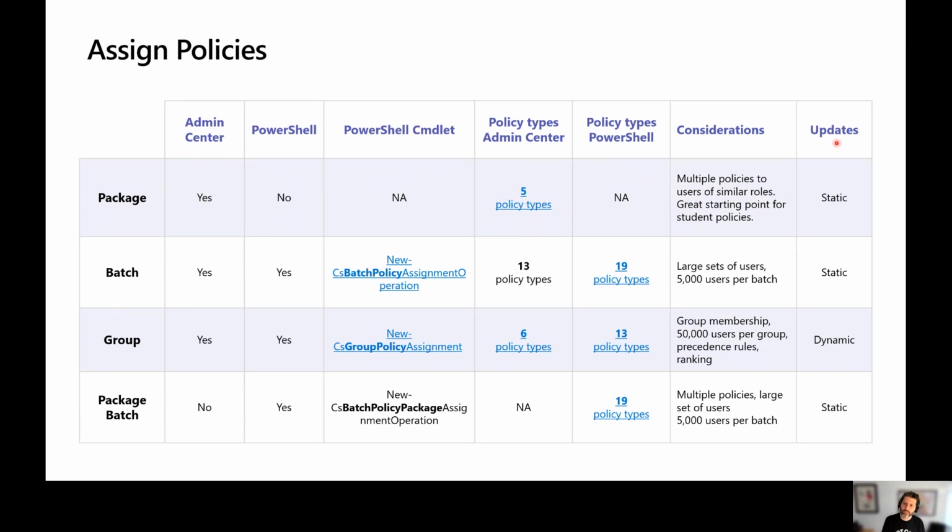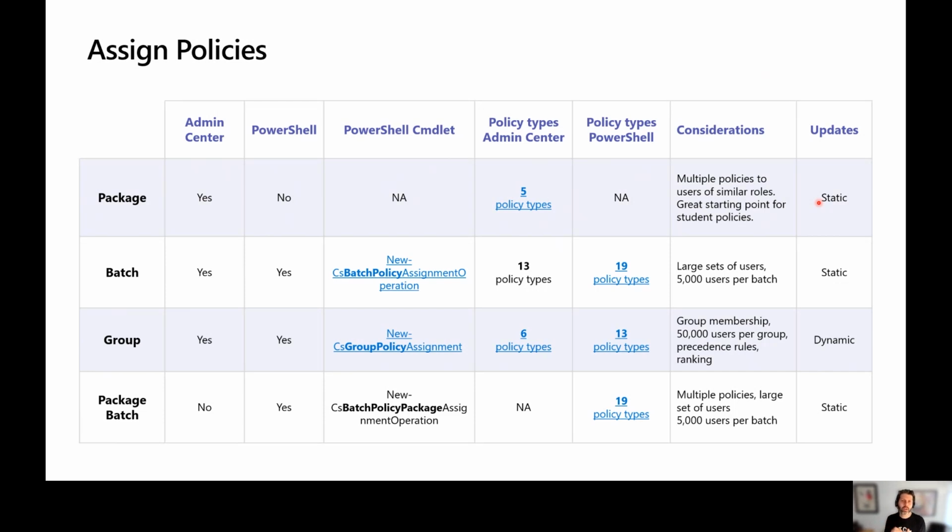Regarding the last point here, updates, what we mean by static is really that you do this and you're done. Now, depending on how dynamic your users are coming in and out, you may have to do this quite often. So let's go back to my example. New teachers join and leave every month. This is an extreme example, but trust me, I've seen that, so that's why I'm sharing it.